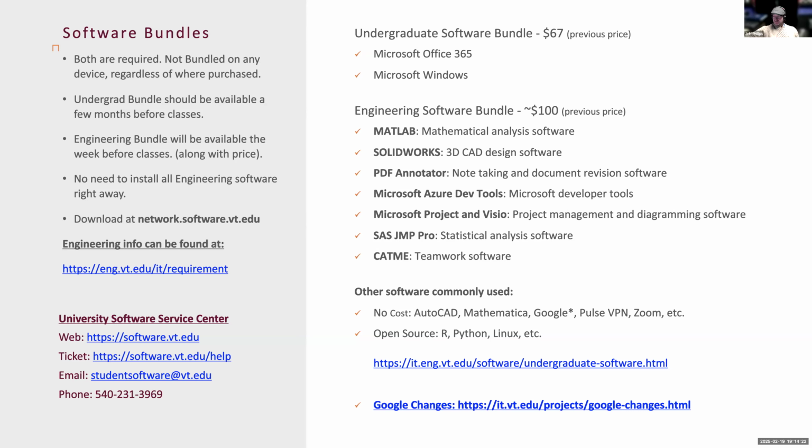It doesn't come installed on any of the computers wherever you buy them, the bookstore or otherwise. But the second you've started paying the bill, you'll be able to go get the undergrad bundle, and the engineering bundle comes out pretty much a week before or the first week of classes. But we don't really recommend buying all of or installing all of that immediately because you'll just fill the hard drive up and you might not use some of those products for another year.